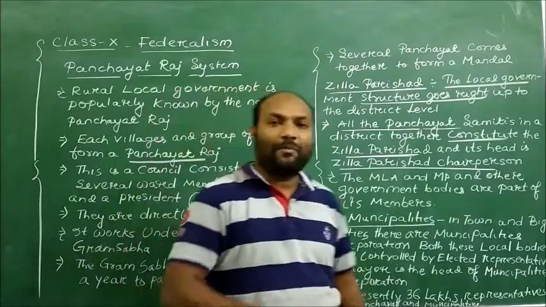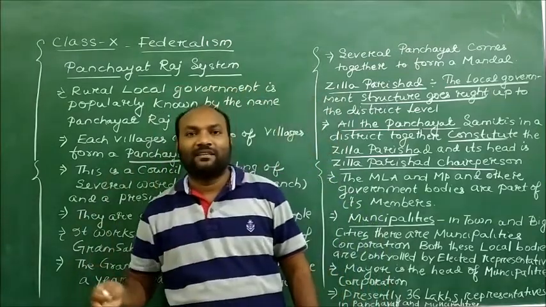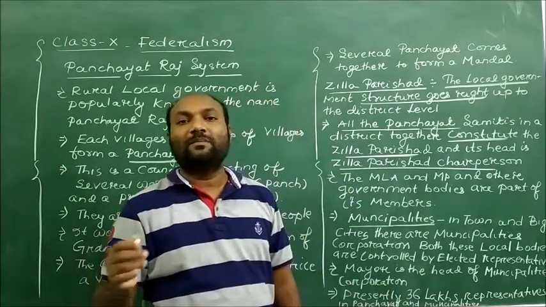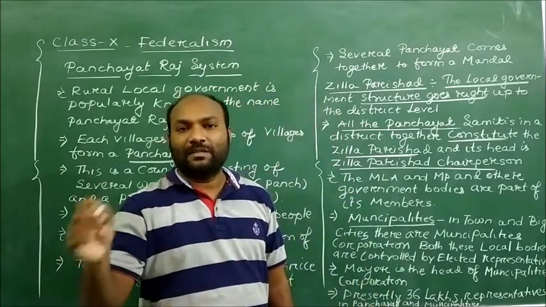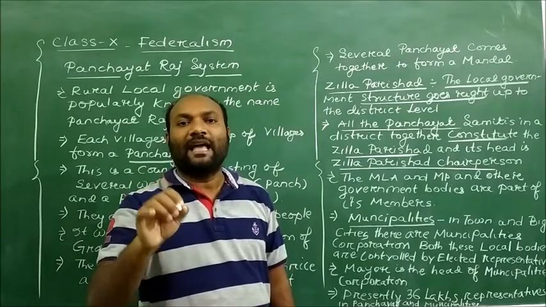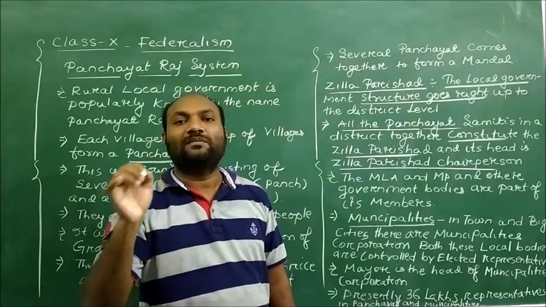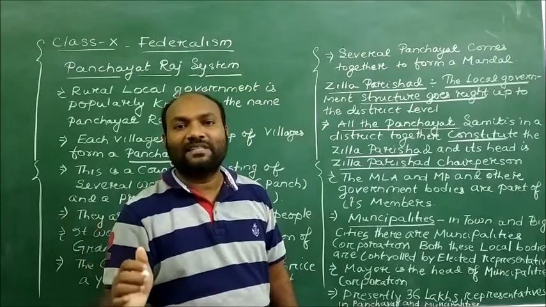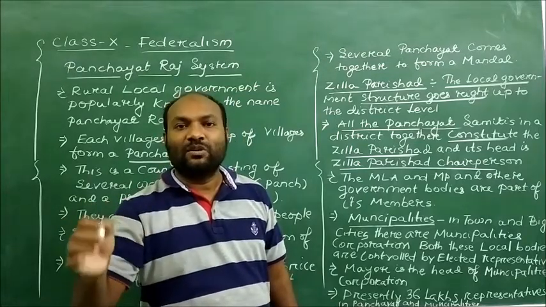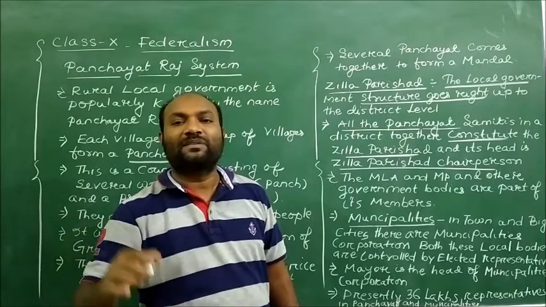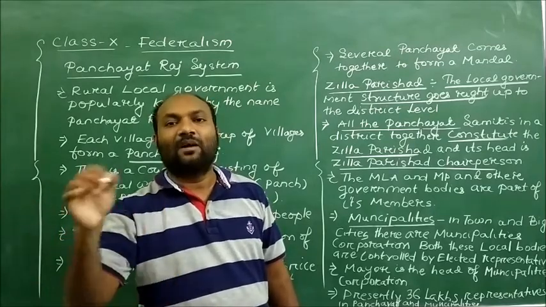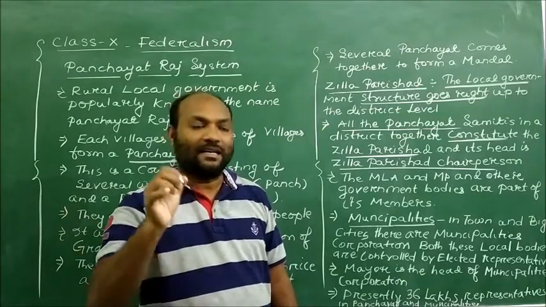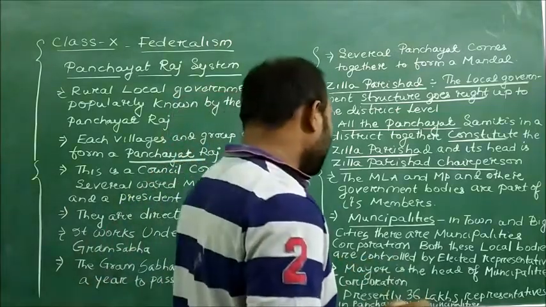My dear children, apart from that, in big cities and big towns there are municipal corporations, working actively in towns and cities. And what is the role of municipalities? The municipality looks after the development work of the cities and towns.